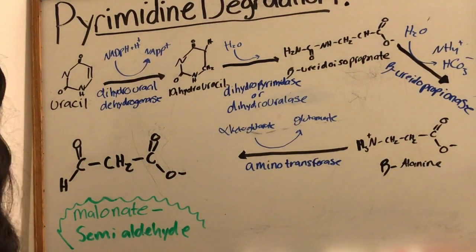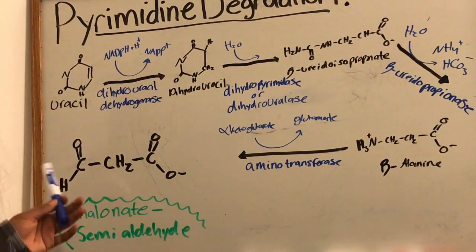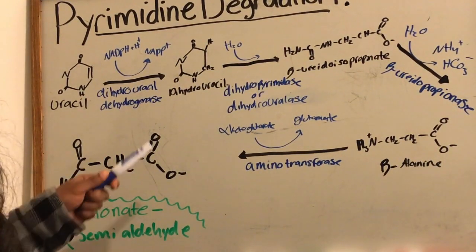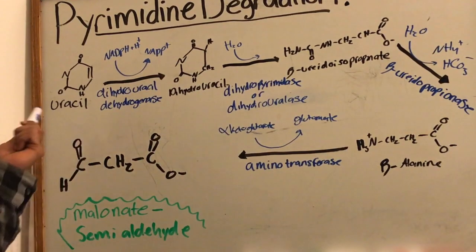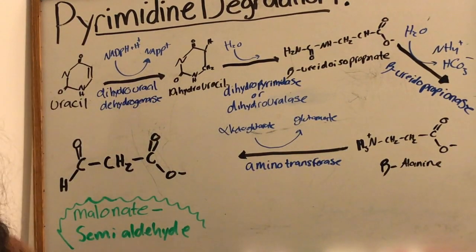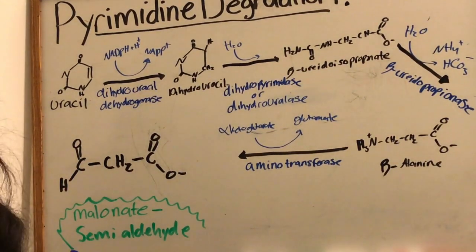Okay, so now we're going to go over the catabolism for uracil. Uracil goes through the same catabolic pathway as thymine. The only differences that we're going to see are in the intermediates and the name of the enzymes, because the structure of uracil does not have that extra methyl group like thymine does, but everything else is going to be pretty much the same.